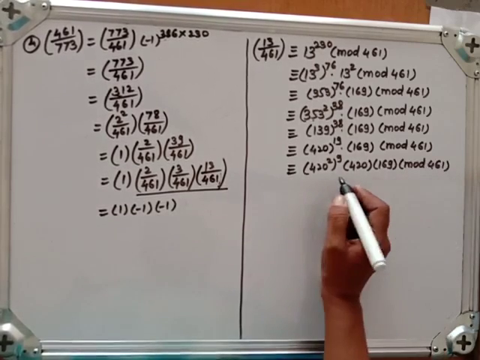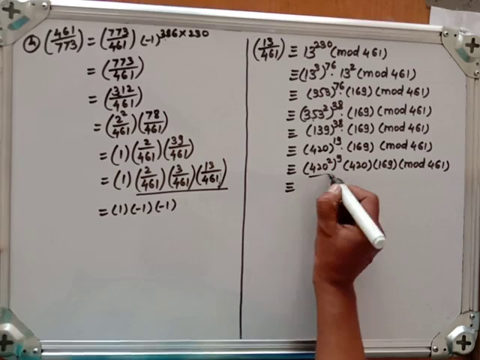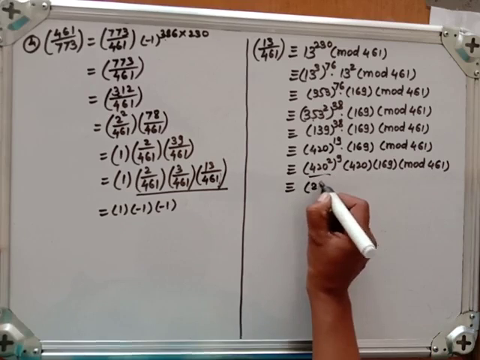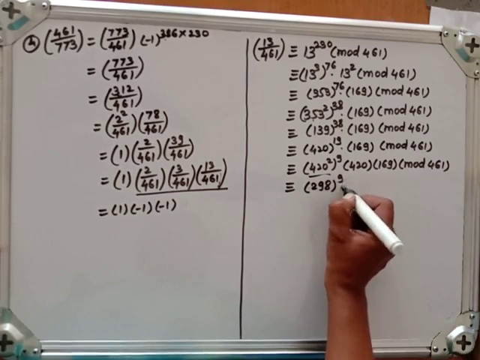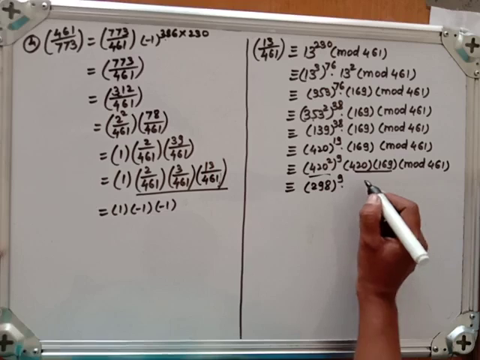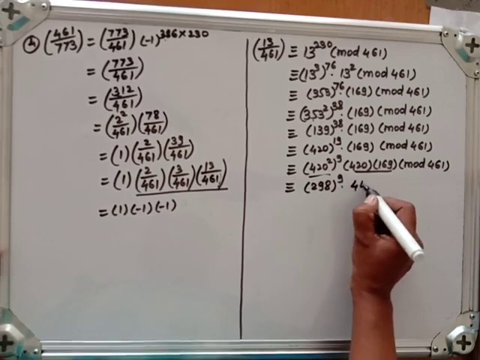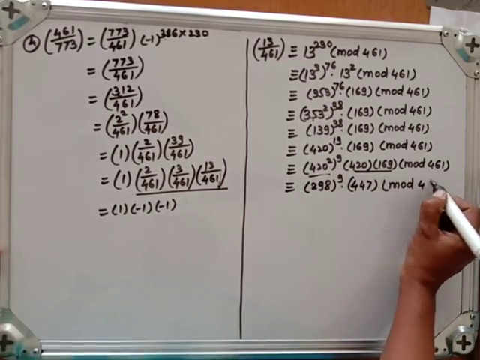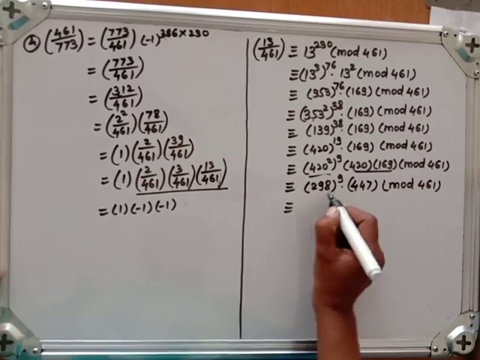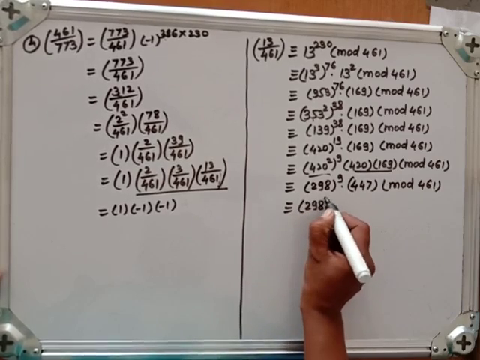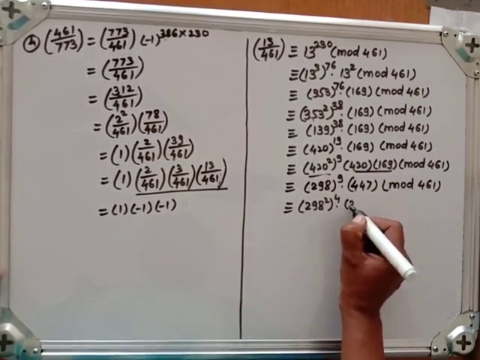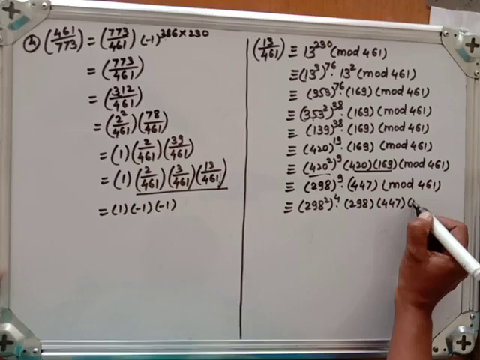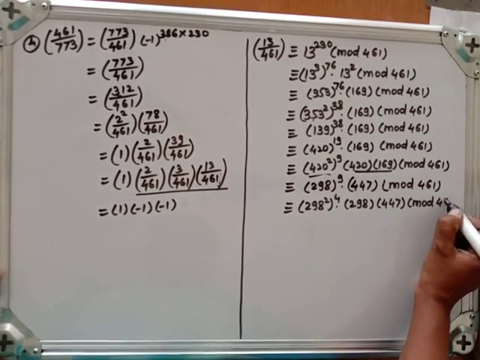461. So this part is congruent modulo 461 to 298 raised to 9 into this product modulo 461 will be 447 modulo 461. Okay, again this square, 298 square raised to 4 into 298 into 447 modulo 461.